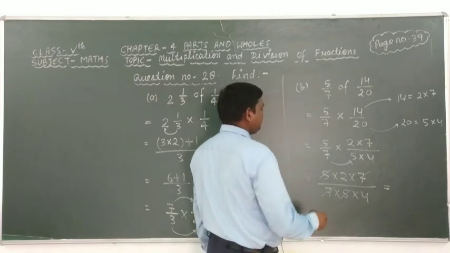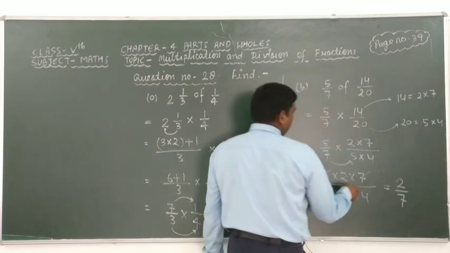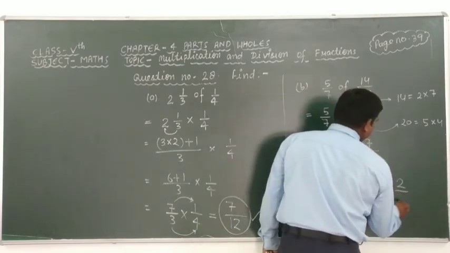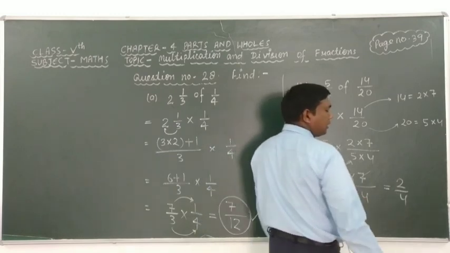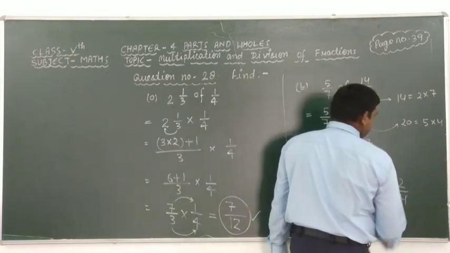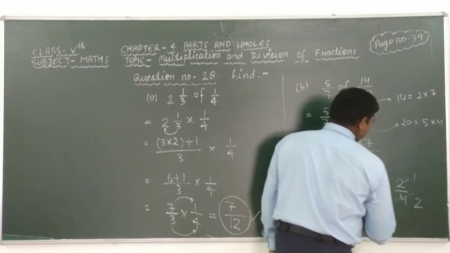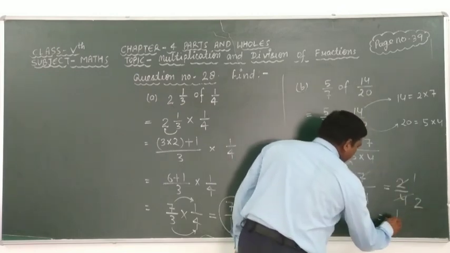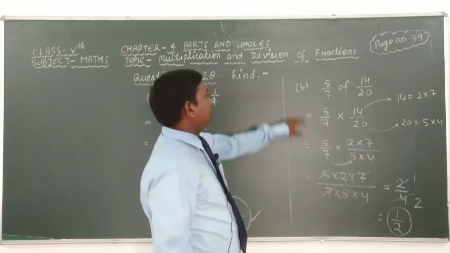Look here carefully. After solving this, here we get 2 over 4. We know the table of 2: 2 1s are 2 and 2 2s are 4. After solving these, we get 1 by 2. This is the answer of this question.